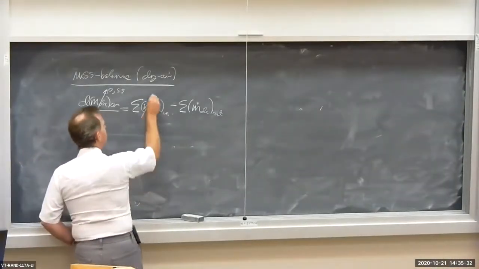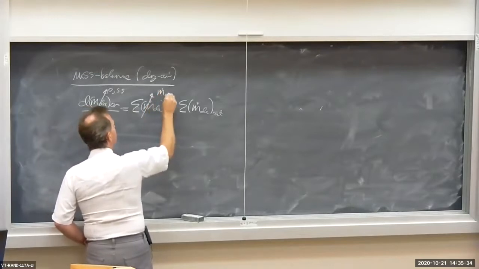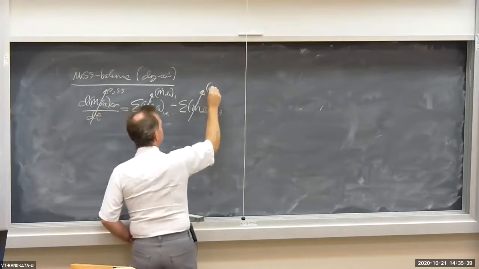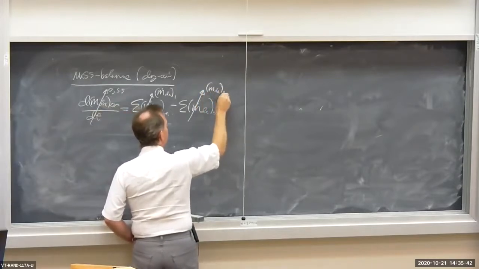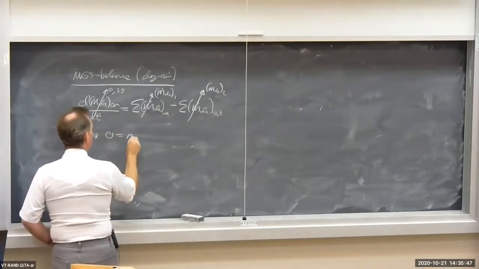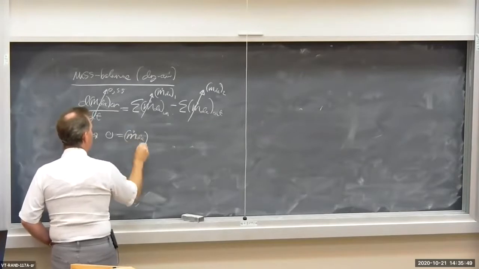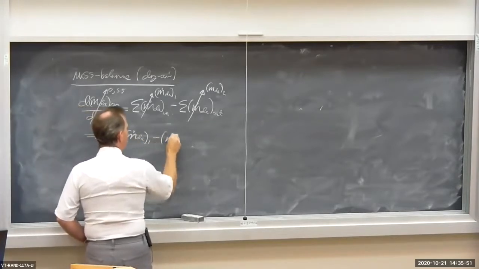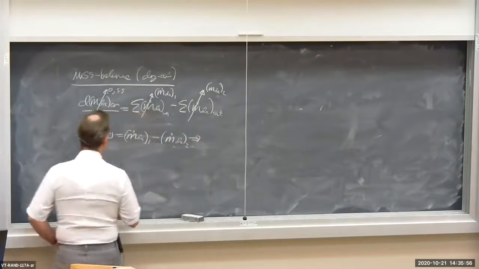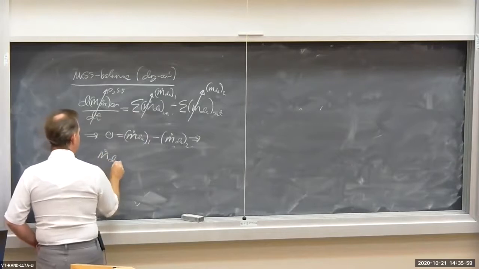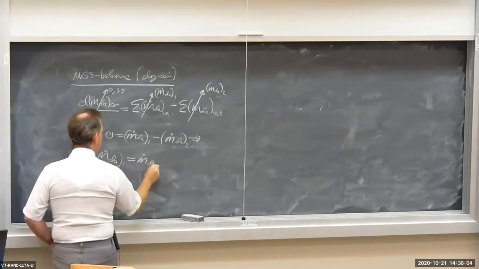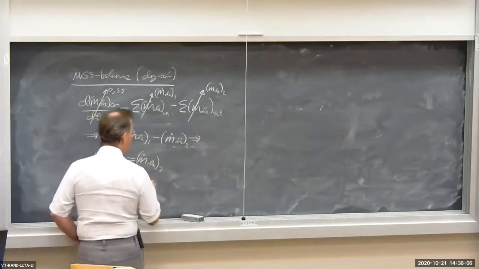It's not a mixture of H2O and dry air. So the inlet is m dot dry air at location 1, and the outlet, there's only one, dry air at location 2. So this means 0 equals m dot dry air at location 1 minus m dot dry air at location 2, and this implies m dot dry air at location 1 is equal to m dot dry air at the outlet, location 2.